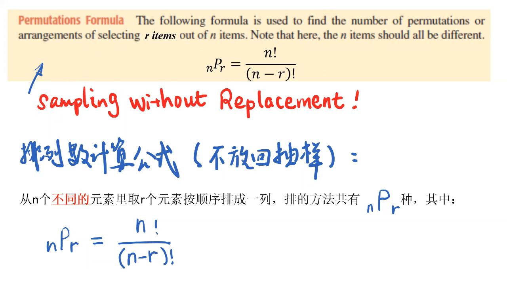And this is a formula for sampling without replacement. That means if we draw an element, we do not put it back, or we do not replace any element to the original container. Okay? I'll explain this in Chinese again.